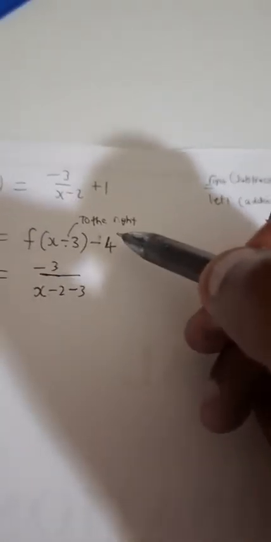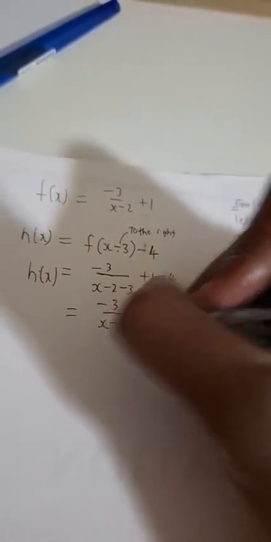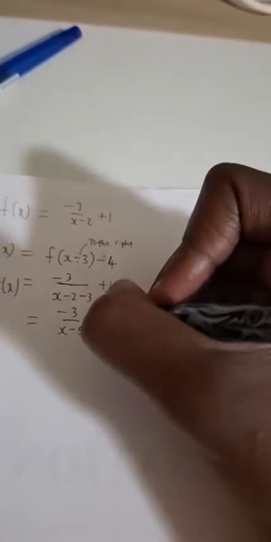Then minus 4 means we are moving down by 4 units, so to the positive 1 we need to subtract 4. This is h of x. So the final answer: negative 3 over x minus 5, and then 1 minus 4 is negative 3. That is h of x.